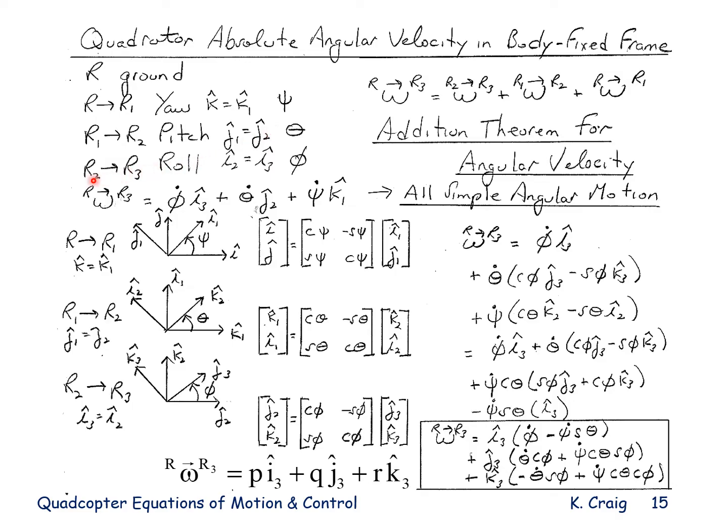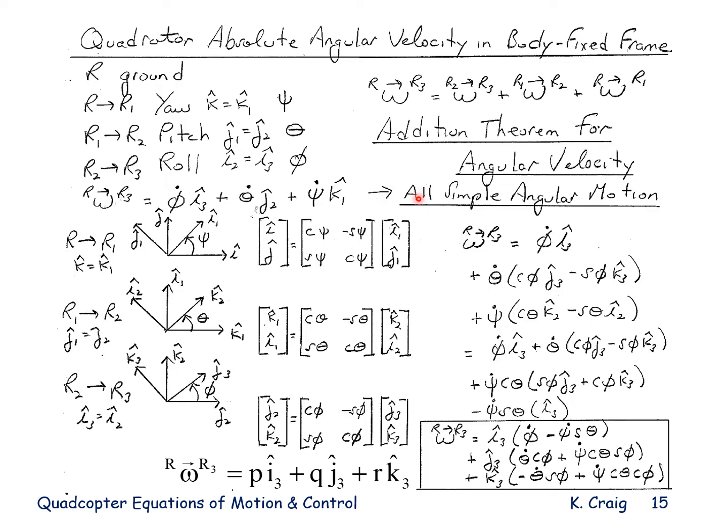And when I rotate from R2 to R3, I rotate through the roll angle phi, and the x-axis is common, I2 hat equals I3 hat. These are all simple angular velocities. And so the angular velocity of R3 in R equals phi dot I3 hat plus theta dot J2 hat plus psi dot K1 hat.